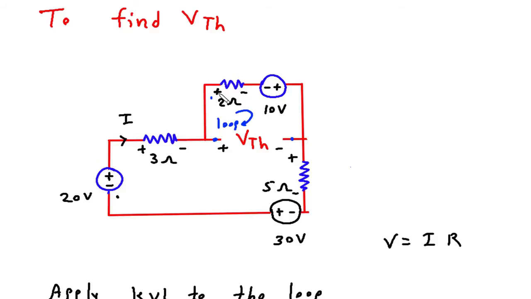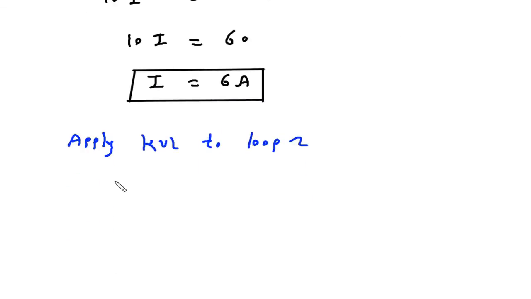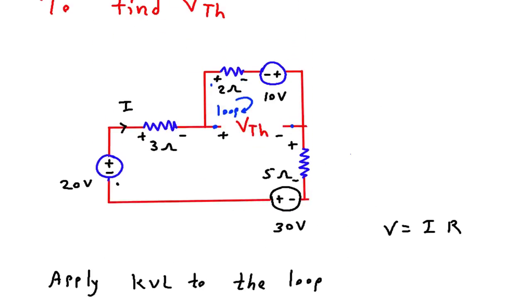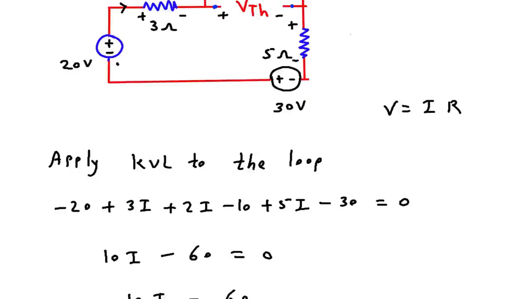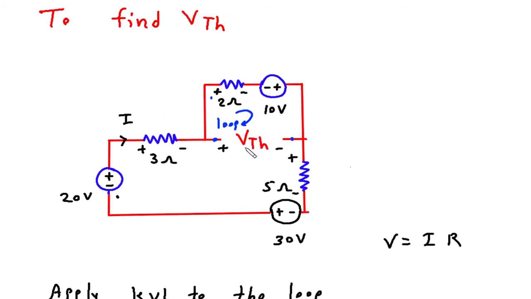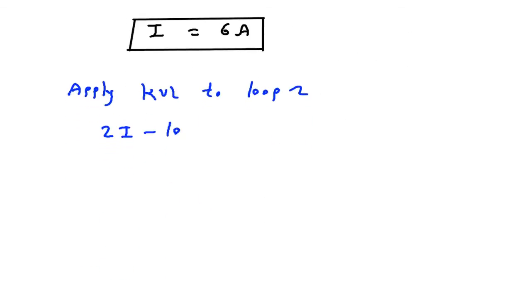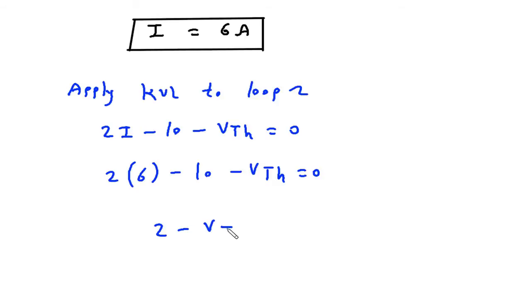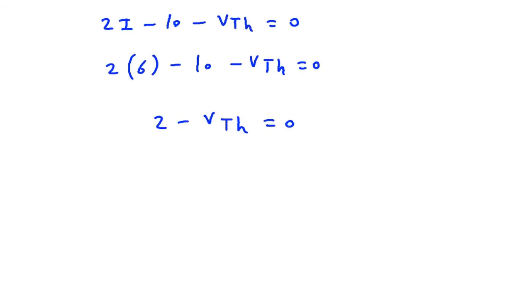This will be plus 2I, minus 10, then minus VTH is equal to 0. So this will be 2 into I, which is 6, minus 10 minus VTH is equal to 0. So this will be 12 minus 10 is 2 minus VTH is equal to 0. Therefore VTH is equal to 2 volt.